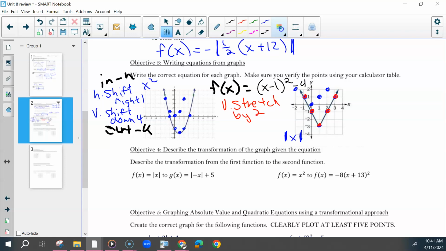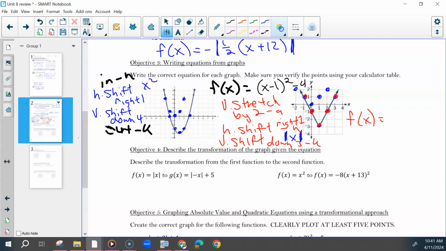Translated right one. Horizontal shift right. Vertical shift down. So vertical stretch, that's your A. This is H. This is K. We'll do these really quickly when we get back from lunch, but we will finish this one.